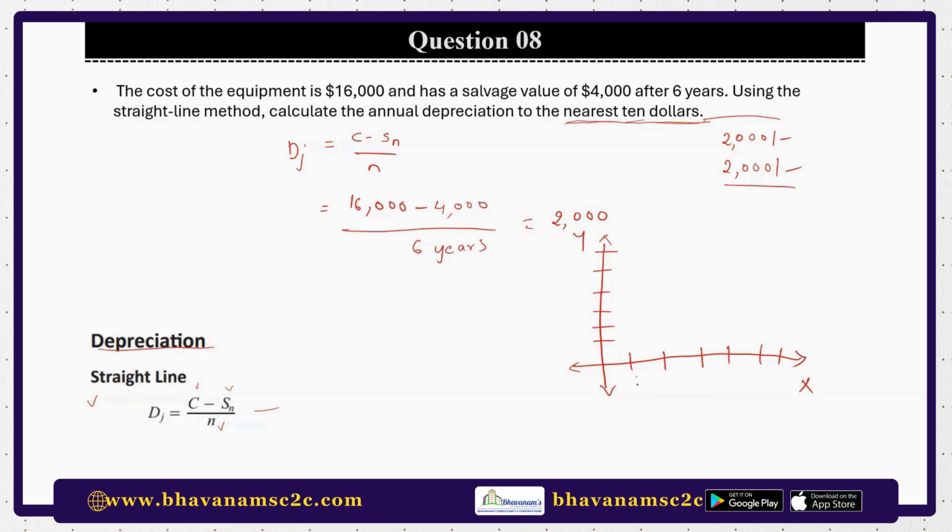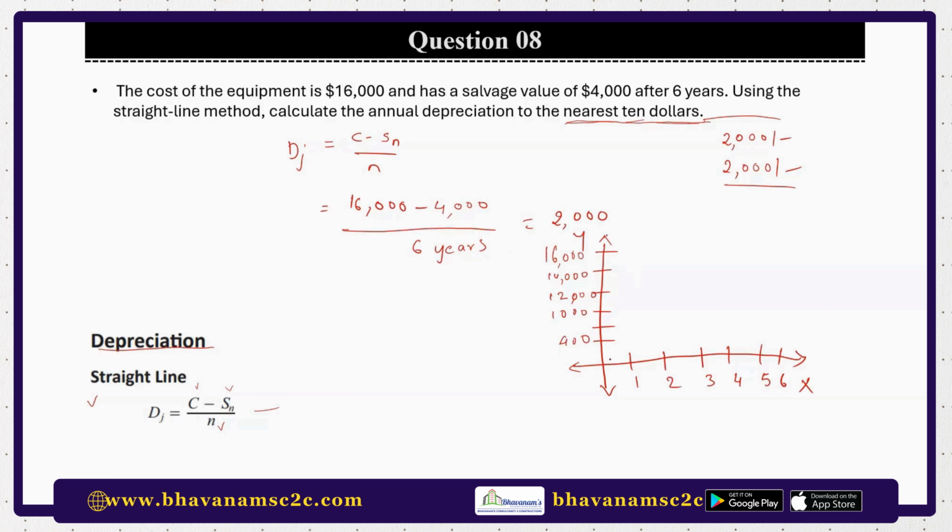On the X side, let us suppose the years as 1, 2, 3, 4, 5, and 6. And on the Y-axis, let us suppose the amount as 16,000, 14, 12, 10, and somewhere here 4.